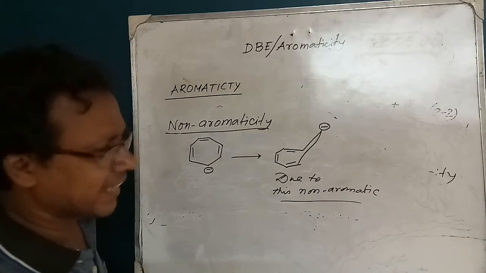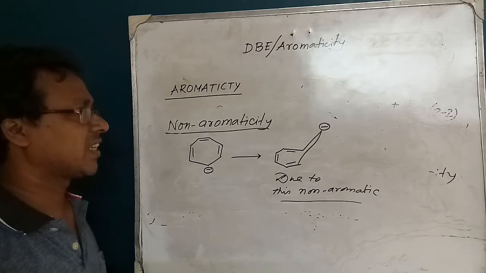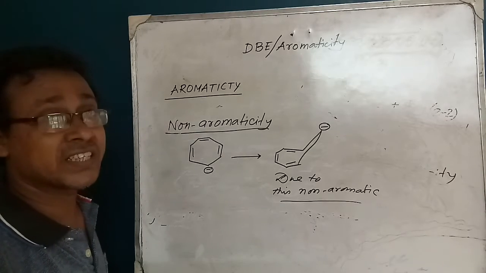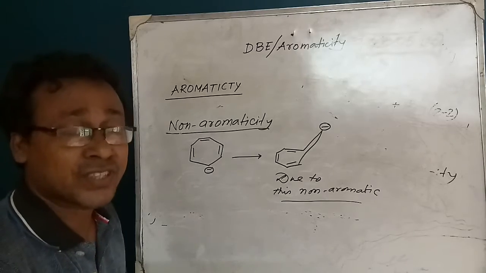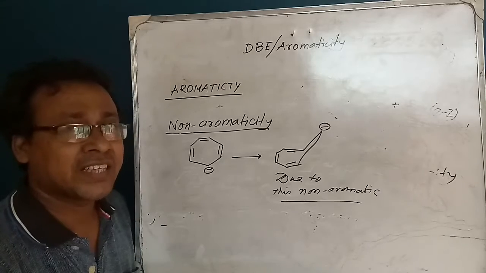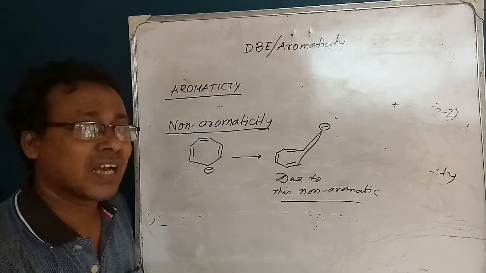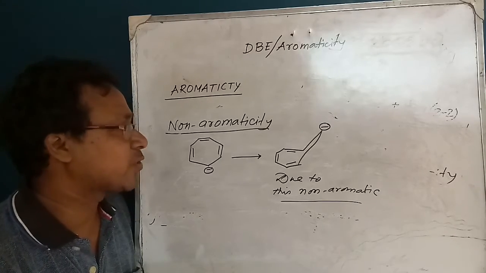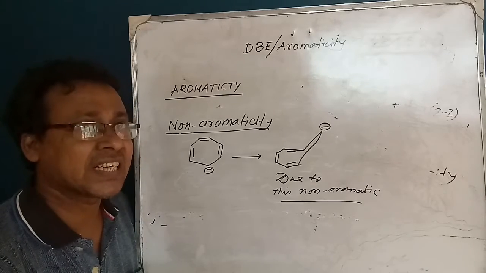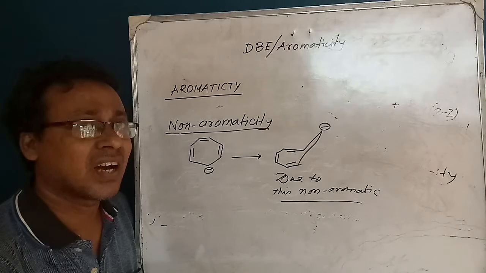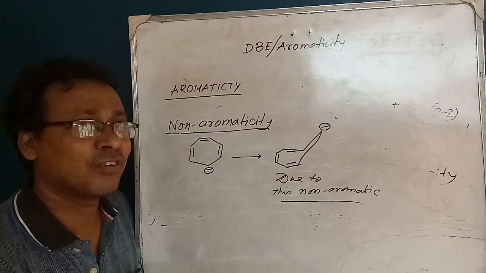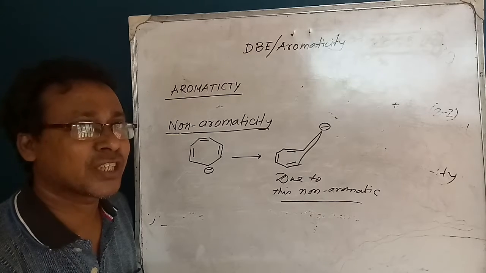So there is a question you may ask: sir, how can we know whether it has a 4n pi electron system but is not anti-aromatic, it is non-aromatic? I'm simply telling you, please look at the structure, and whenever it is a cyclic structure larger than 6-membered, then definitely you will follow the distortion method.